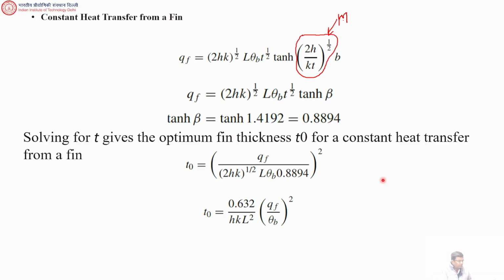So we use 1.4192 here to get this 0.8894, which goes into this, and then you write thickness in terms of QF. So whatever QF you want, you get a T naught, which is an optimized value. And that optimization we have already learned in the previous derivation. So that is the T naught.